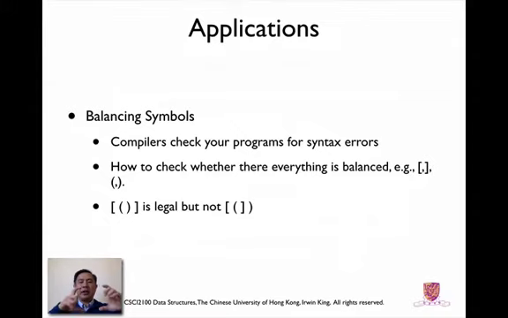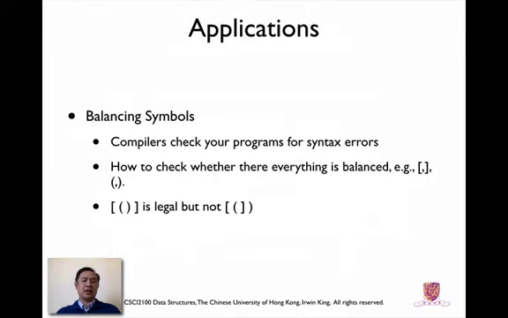For example, a pair of brackets or a pair of parentheses, whether there is an even number of beginning and end brackets or parentheses. Moreover, you could also see that the second case is legal because they all have their pair. But the order of left bracket, left parenthesis, right bracket, and right parenthesis is not legal, functionally speaking. You cannot have a mathematical equation or function that goes like this.